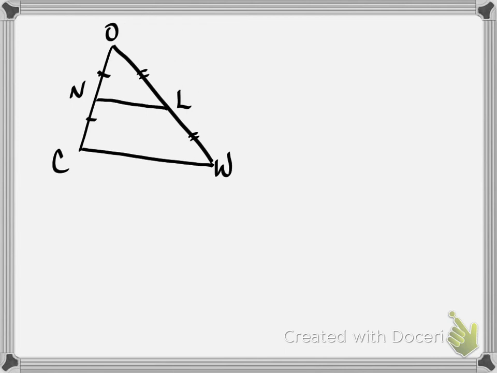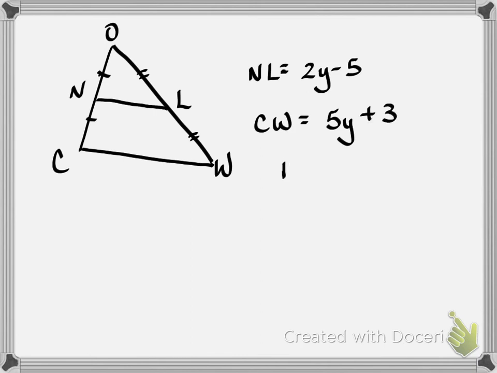I'm going to tell you that NL is 2y minus 5. And I'm going to tell you that CW is 5y plus 3. And I'm going to ask you to find y.